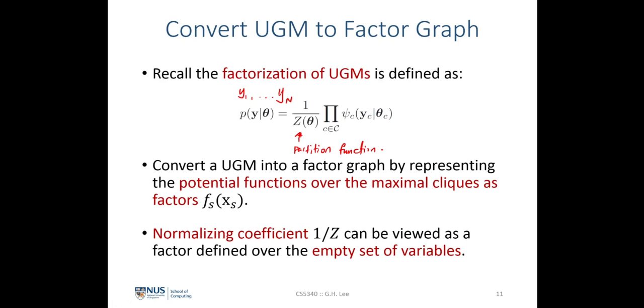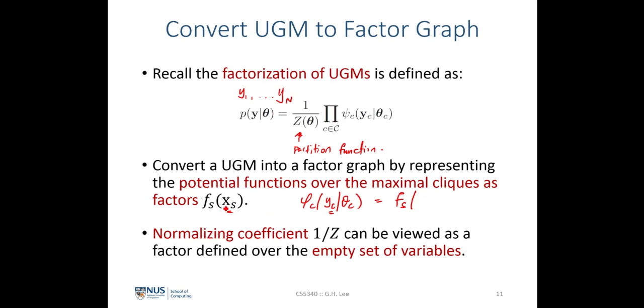And we can convert the undirected graphical model into a factor graph by simply representing the potential functions over the maximal cliques as the factors. So in other words, we will simply let phi c of yc, over a certain maximal clique c, represent a factor fs, and all the random variables inside here would be simply the random variables inside the clique.